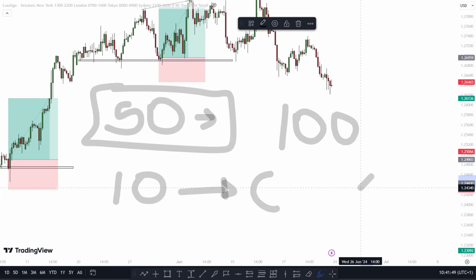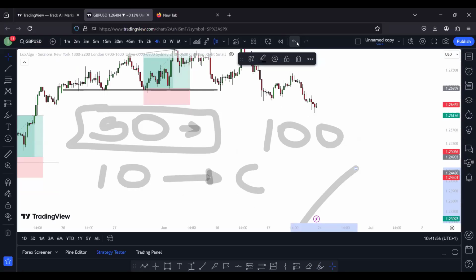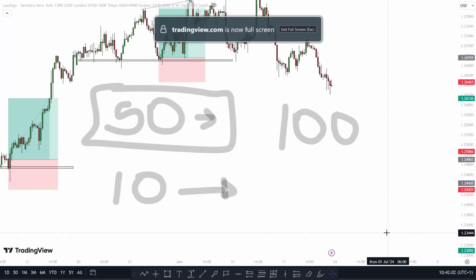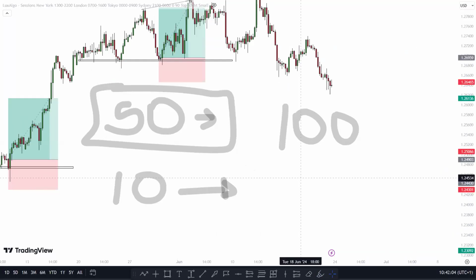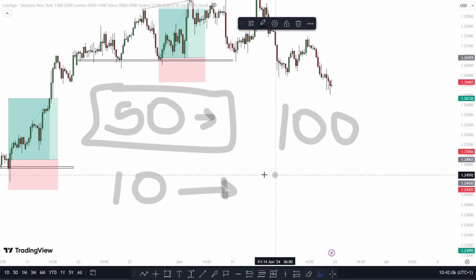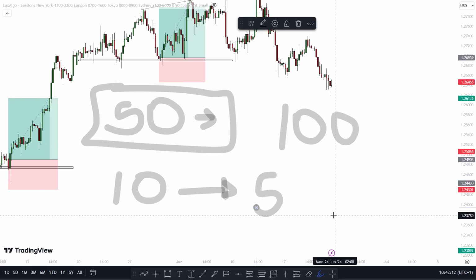Or let's say the worst comes to the worst, and you win 5 trades. 5 trades, if you're a student in school, is half mark. And then you lose 5 trades.